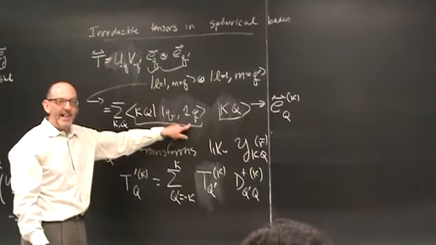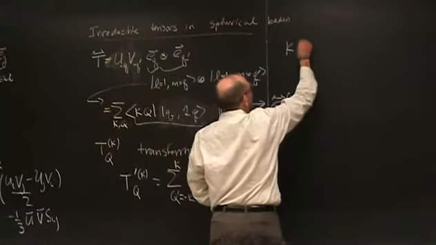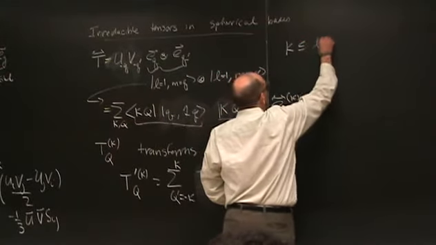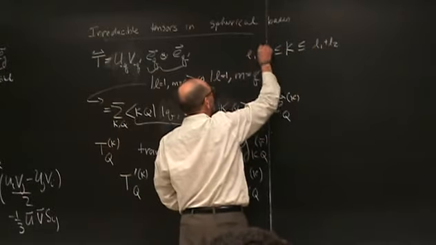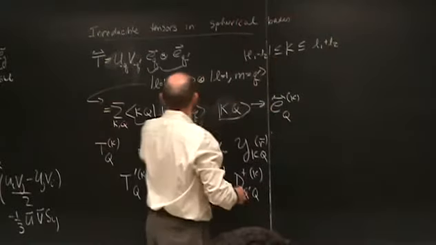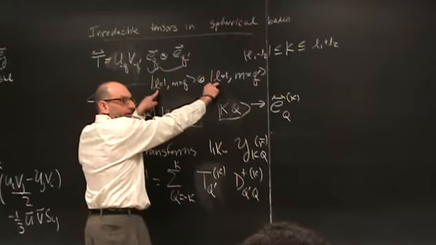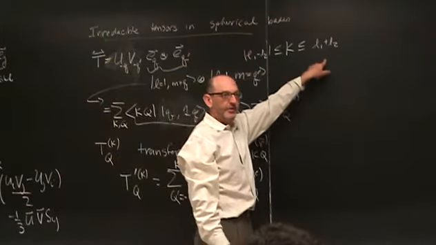Because when you add angular momentum, K is between the magnitude of L1 minus L2 and L1 plus L2. In this case, L1 and L2 are both 1, so the minimum value is 0, the maximum value is 2.